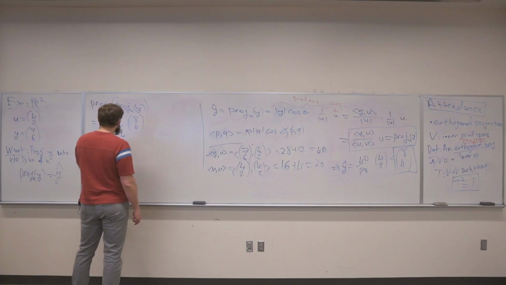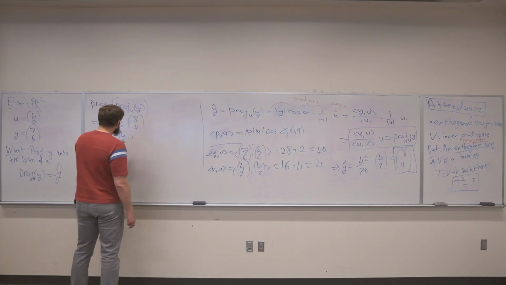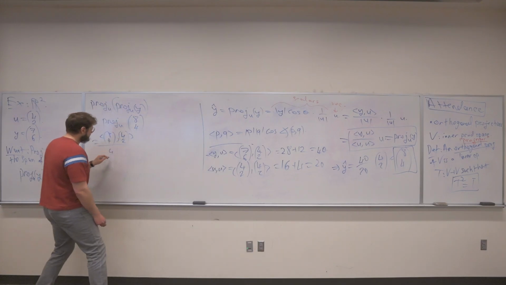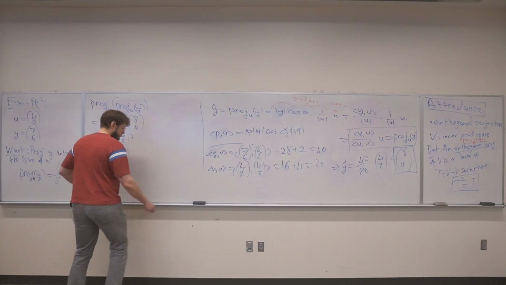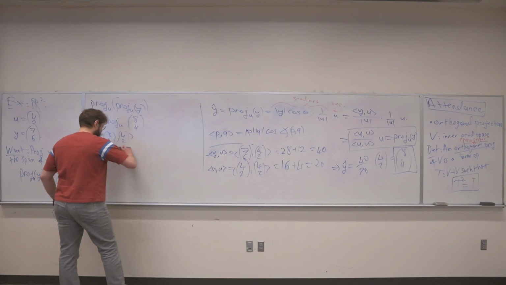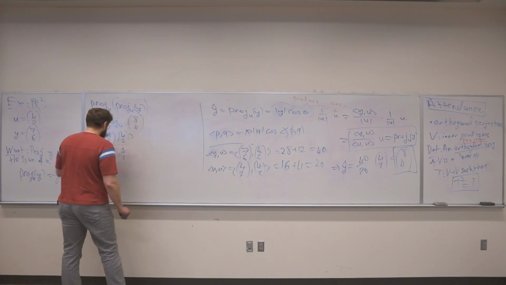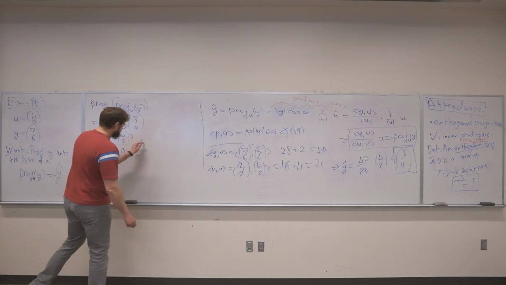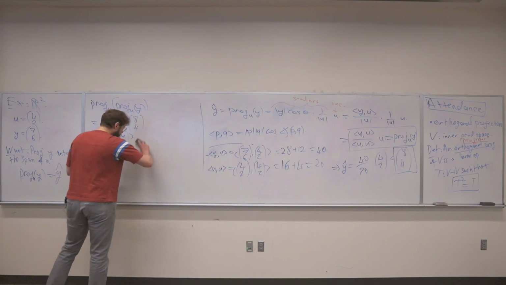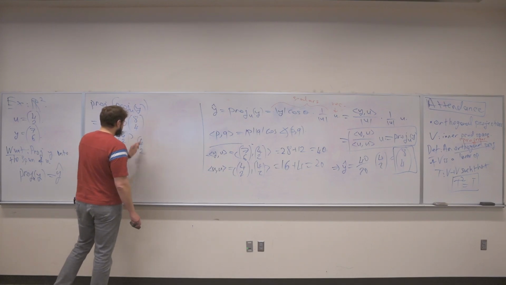What was it? 4, 2 divided by 4, 2 against 4, 2. This scalar I'm going to use to scale 4, 2.